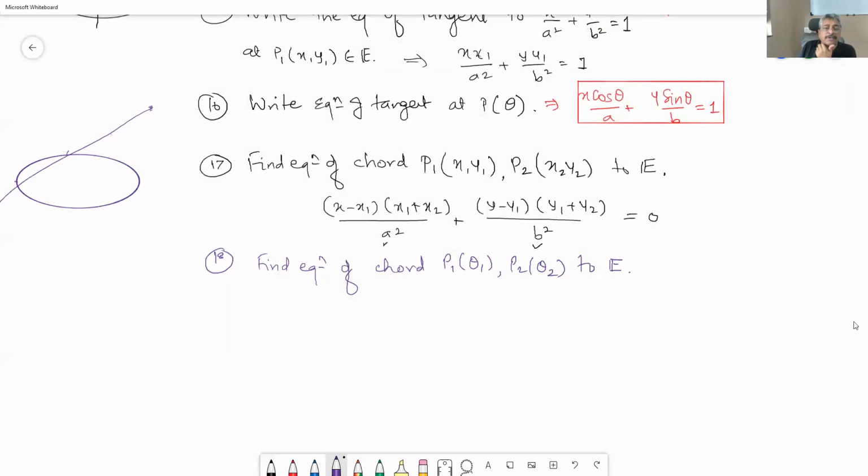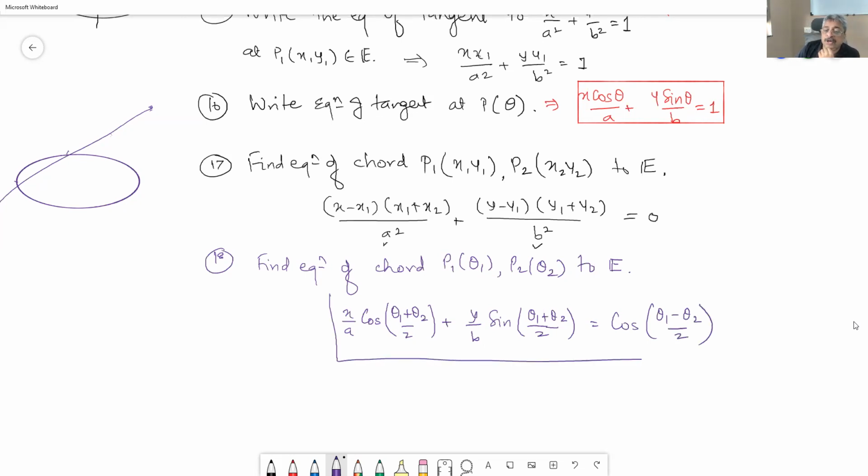Now it is the question of converting the x1, y1 equation into theta 1, theta 2. So eventually after simplification using trigonometric identities, the answer that you are supposed to get is x upon a cos of (theta 1 plus theta 2) upon 2 plus y upon b sine of (theta 1 plus theta 2) upon 2 is equal to cos of (theta 1 minus theta 2) upon 2.